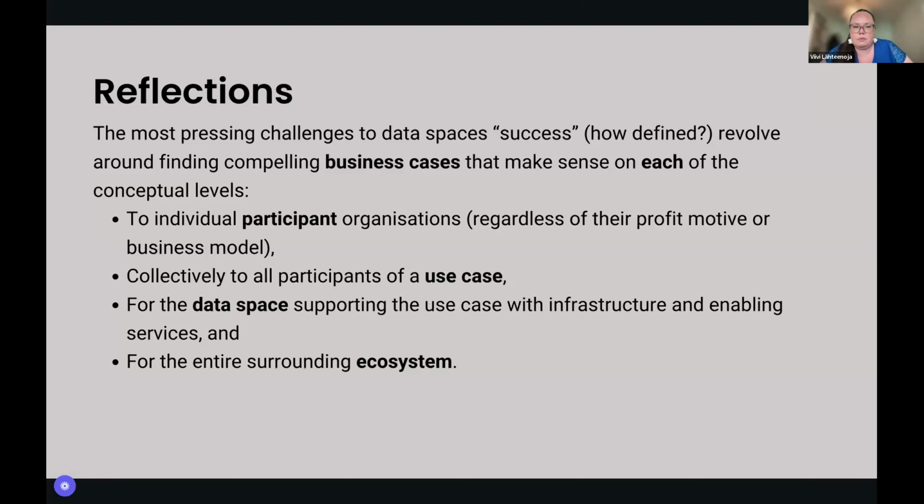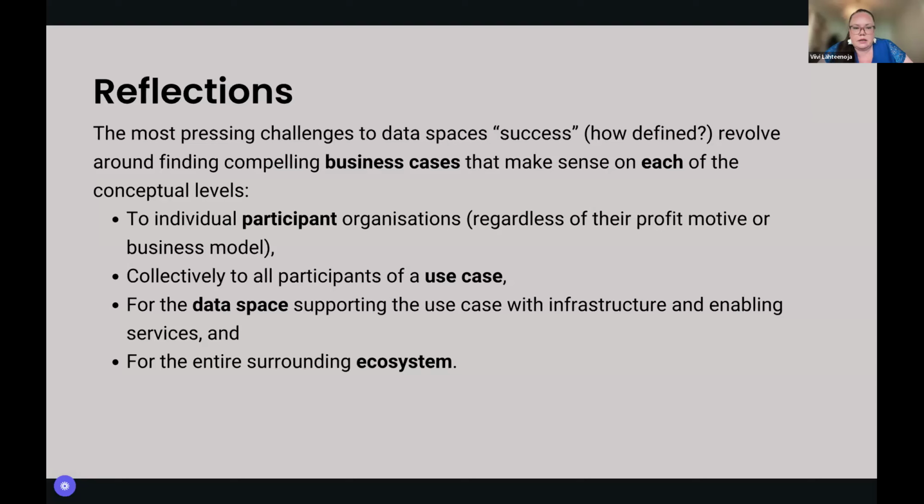So for each individual participant organization, whether you're a for-profit or non-profit, every organization has a business model. Money has to come in from somewhere and it goes out, right? So regardless of your profit motive or business model, participation in these kinds of data sharing arrangements needs to make individual sense to each participant.